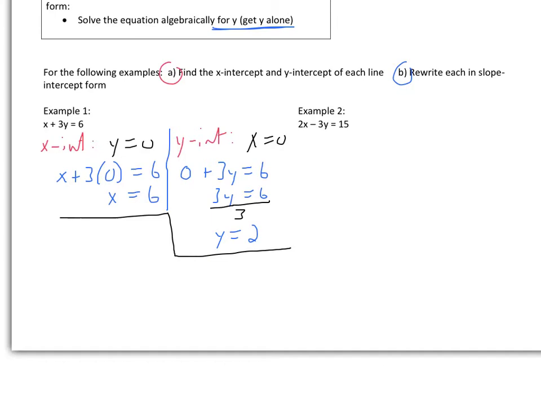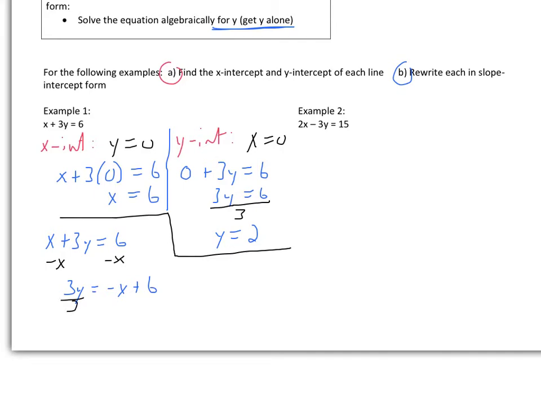Our last part here is to rewrite in slope-intercept form. And again, the difference is that slope-intercept form is solved for y. So I will solve this equation for y. And I'm going to put my x term first because slope-intercept form has the x term first.